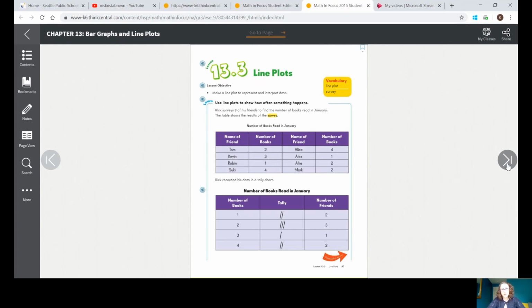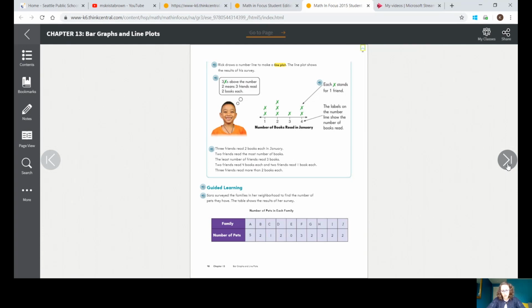All right, go ahead and turn your page to 98. It says Rick draws a number line to make a line plot. The line plot shows the results of his survey. So this little guy here, his thought bubble says 3 X's above the number 2 means 3 friends read 2 books each.